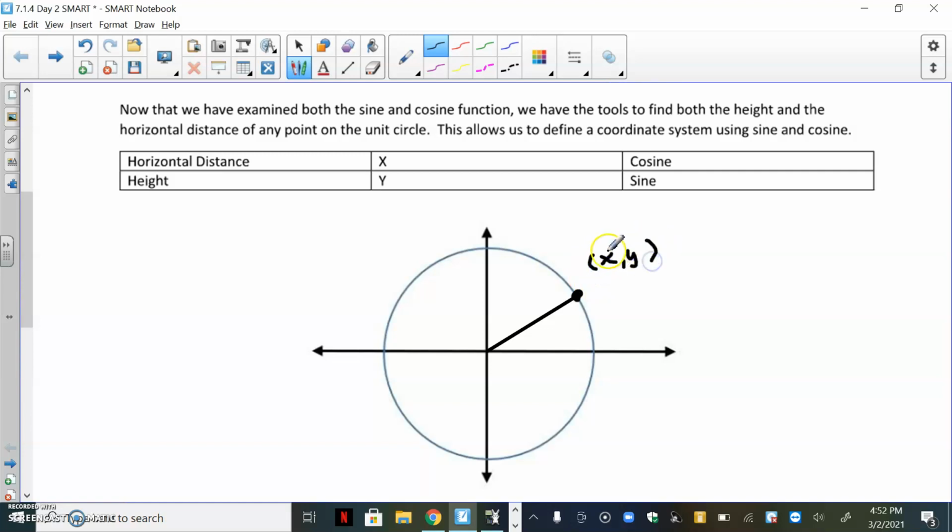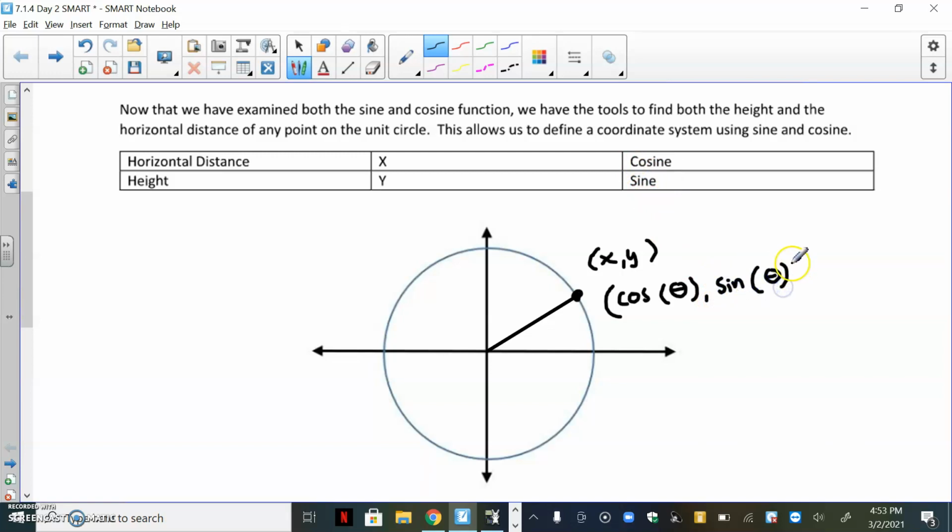Because we're operating on a graph, naturally we would have x and y coordinates. But because we've been talking a lot about sine and cosine, what's important to realize is that since x typically represents the left and right movement on a graph and y represents the vertical movement, that's what we're replacing with cosine and sine. So now cosine will represent the left and right movement, versus sine representing the vertical movement.